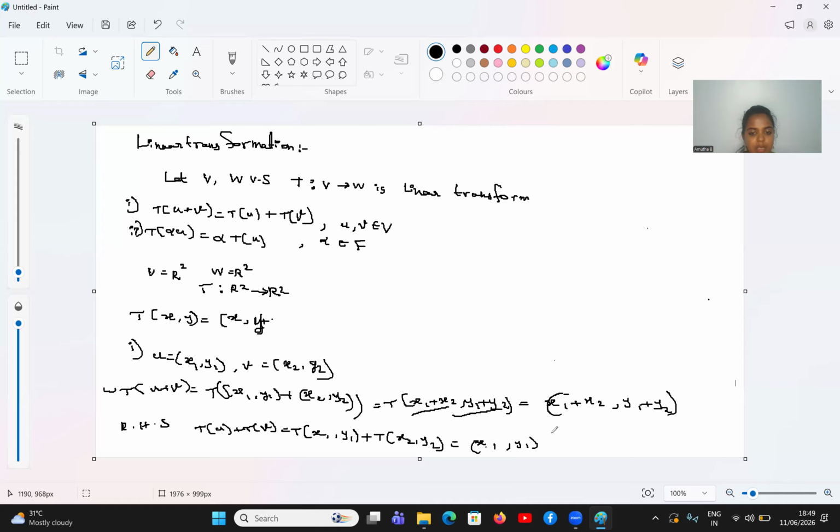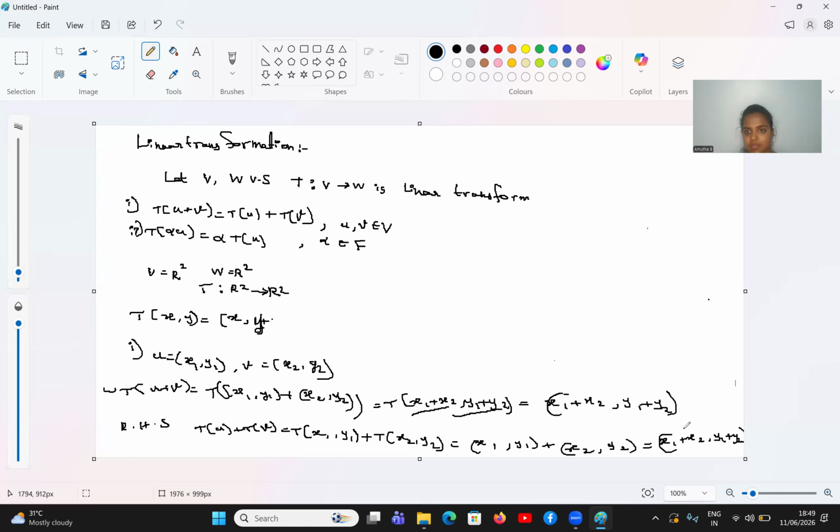And plus, second one is T of x2, y2, so x2 in the first position and y2 in the second position. Finally, you have to add these vectors, and you will get x1 plus x2 comma y1 plus y2. So we are having right hand side equal to left hand side. So first condition is satisfied.